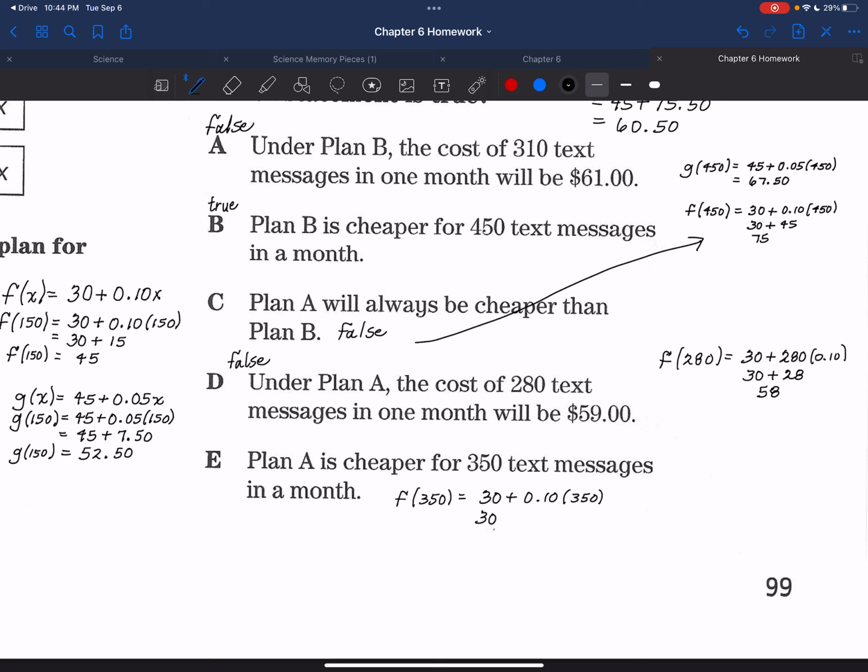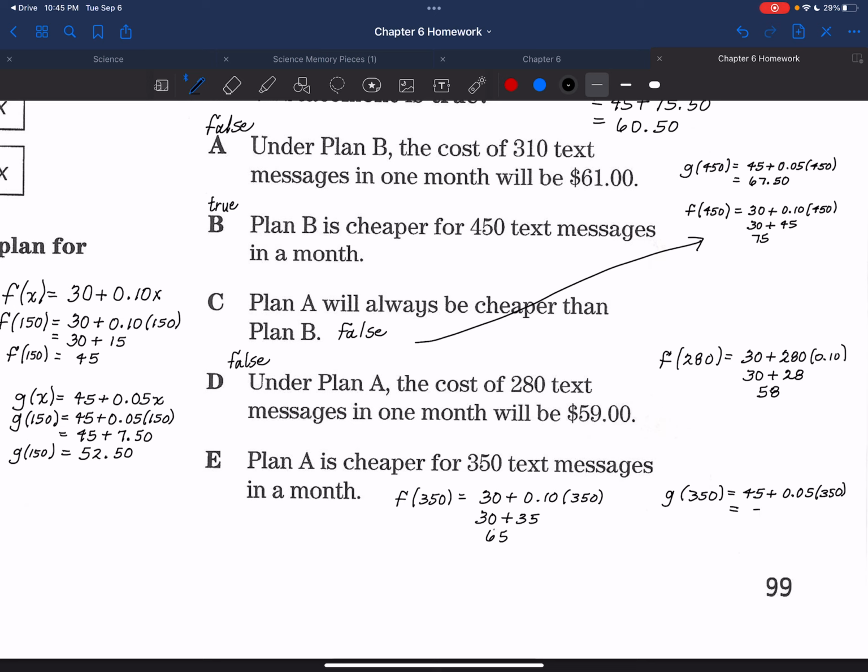That'll be 30 plus 35, or 65. And then g of x, let's say g of 350, would be 45 plus a nickel times 350.